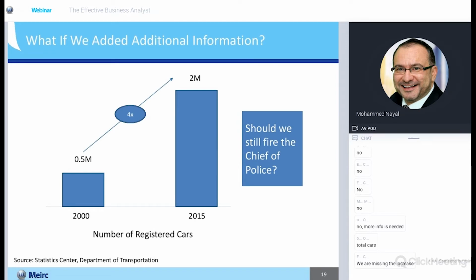So it has risen by 4x. Would you still fire the chief of police? No. One answer from Maruf saying no. Good. Very good. You wouldn't.